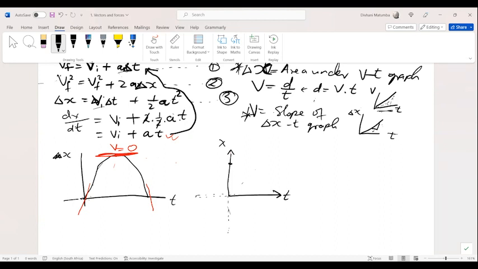For instance, let's say if it started there, velocity initial, it will be there.